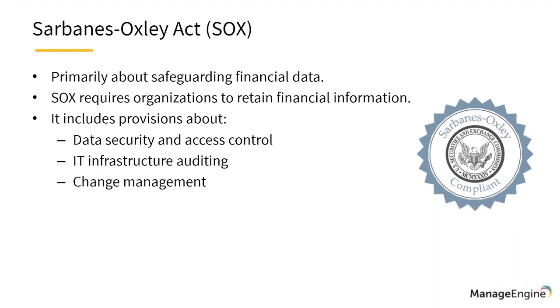It also includes provisions about data security and access control. Say there's the finance team in your organization and you want just a select few people to have access to their mailboxes. You just want the owners and trusted delegates of those mailboxes to have access. If some unscrupulous user, or someone inadvertently, gains access to an important mailbox, anything can happen.